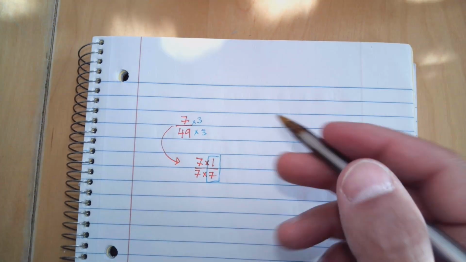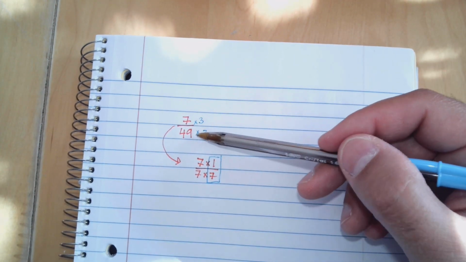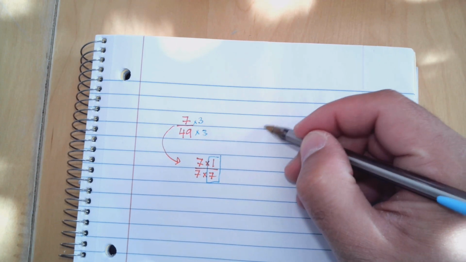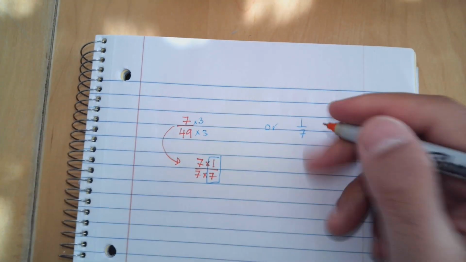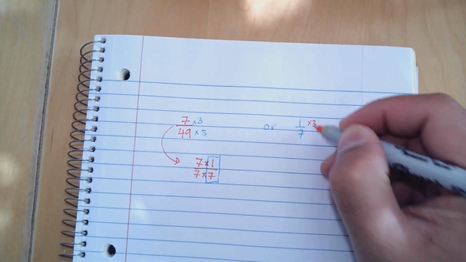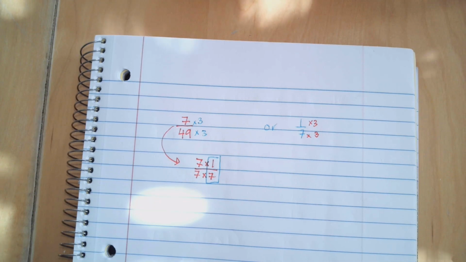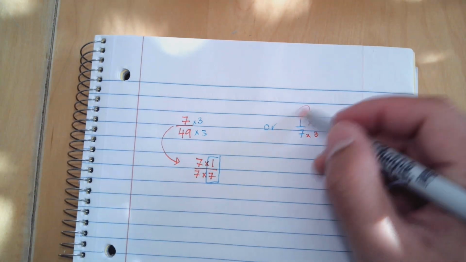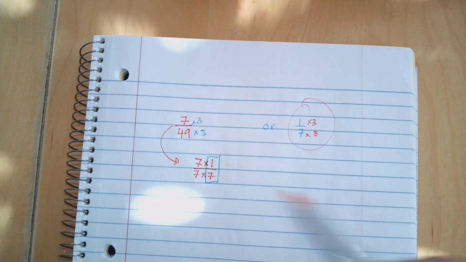If we go back to the top, would you rather multiply 7 times 3 and 49 times 3, or take 1/7 and multiply it by, let's say, 3 and 3? I think you know the answer, right? This one for sure is much easier to find the equivalent fractions than this one.